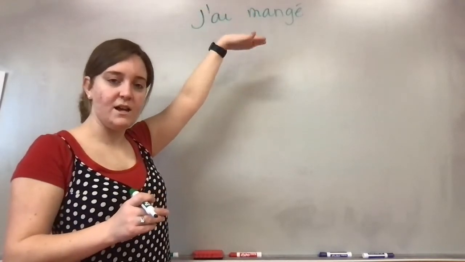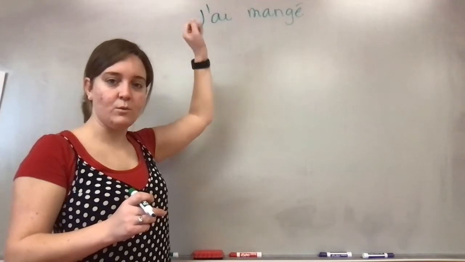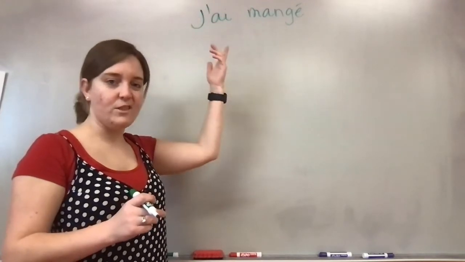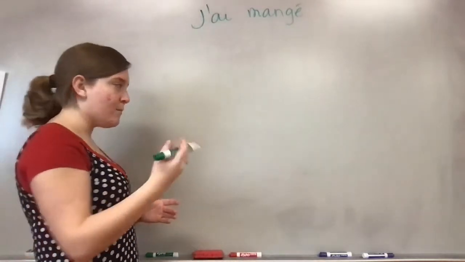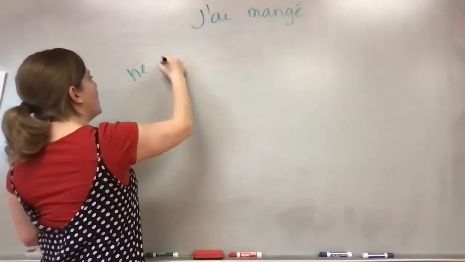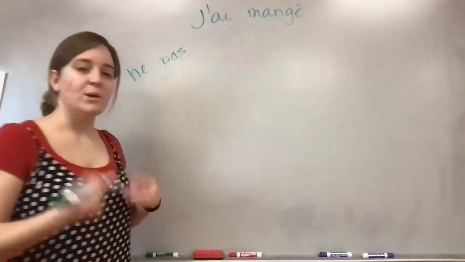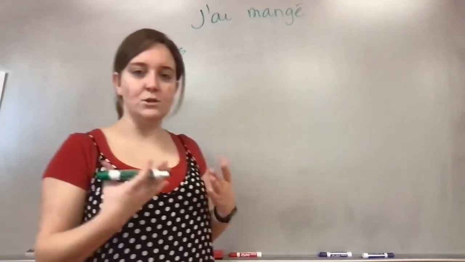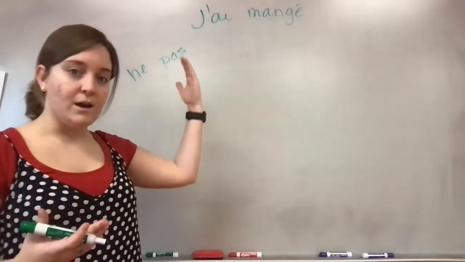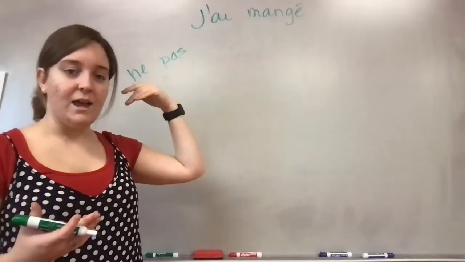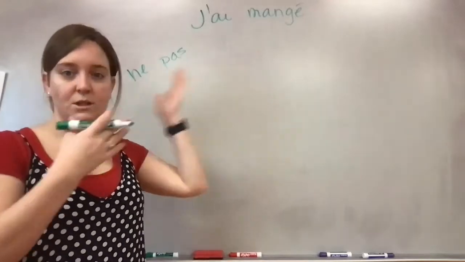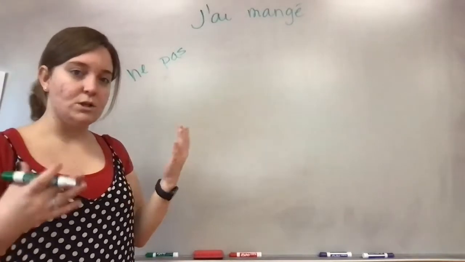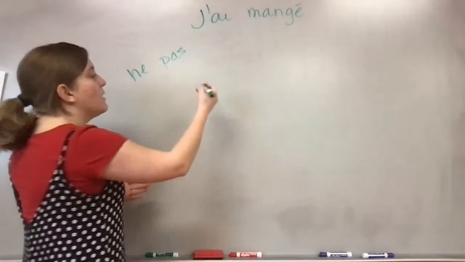We took off the ER ending, add the E with the accent aigu. We have our conjugation with avoir. Everything so far is going great. So when we put things in the negative, remember, we need our ne and we need our pas. But the question is, where is this ne and pas going to go? Because we have several verbs here, and does it go before one verb and after the other verb? Does it go in the middle somewhere? These are questions that I'm sure that you have.